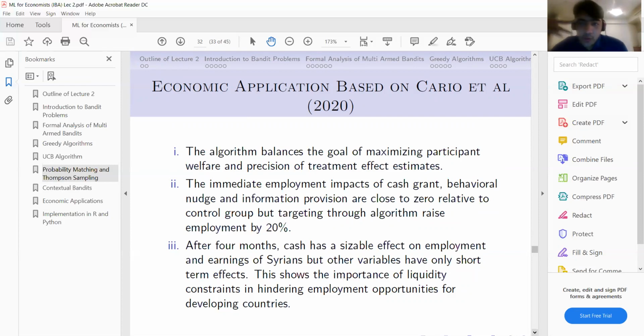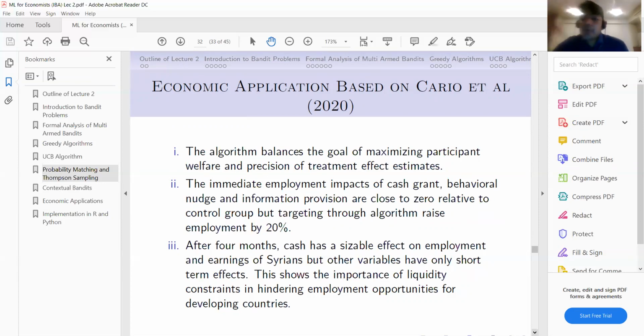They're trying to measure the treatment effect of various treatments, which is what we've focused on so far: we want to figure out these reward probabilities and maximize the reward by allocating to the best arm. But in this case they're also interested in participant welfare, so they're using it for a welfare objective as well.